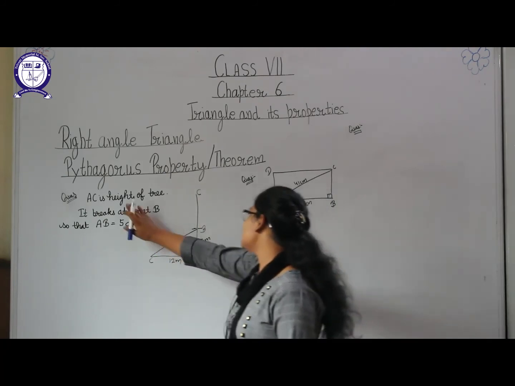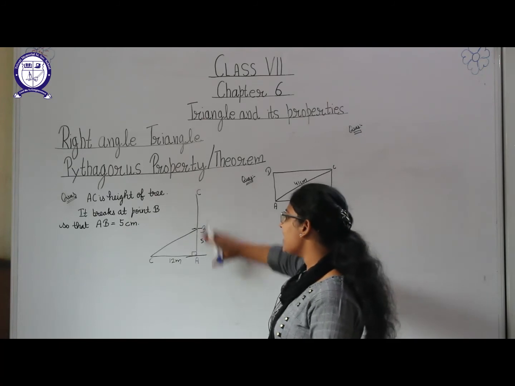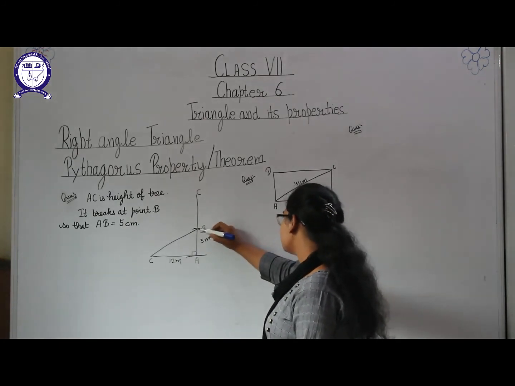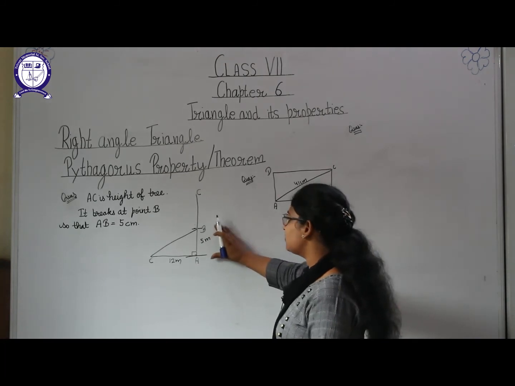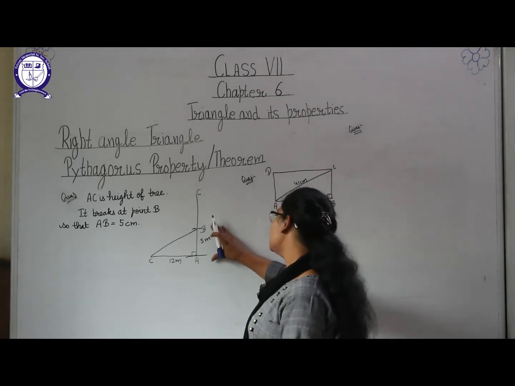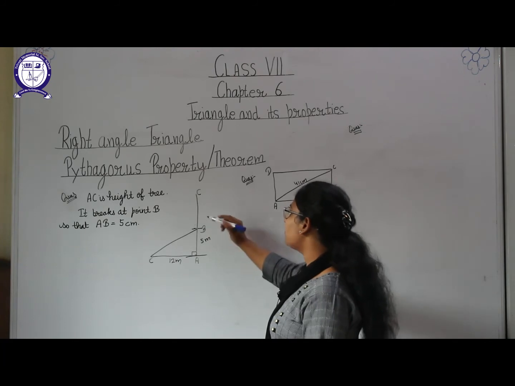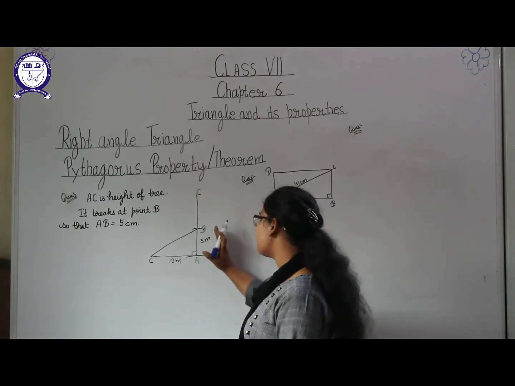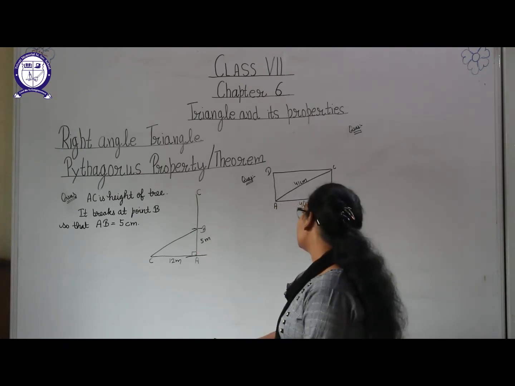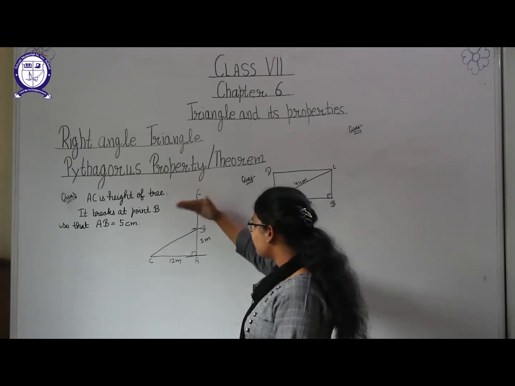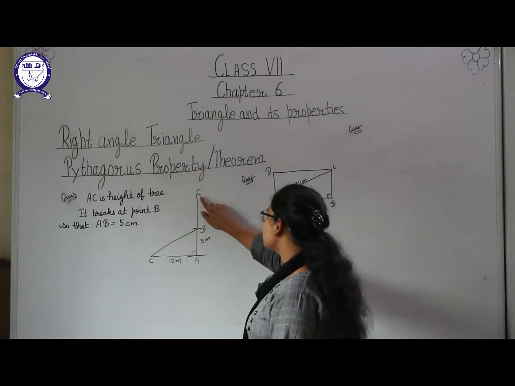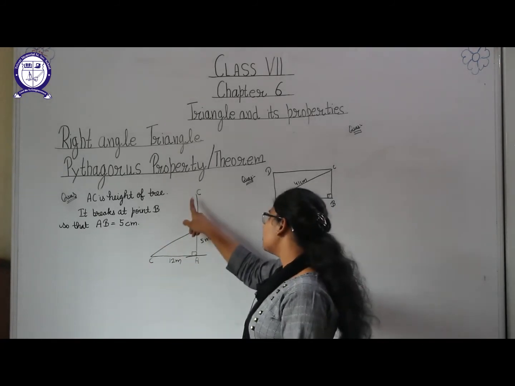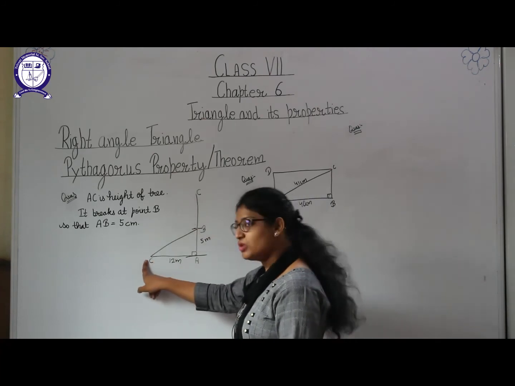So here AC is the height of the tree. The whole height of the tree is AC. It breaks at point B, so AB is 5 meters, because it is given in the question that the tree breaks at the point where the distance from the ground is 5 meters. Now students, when the tree falls, it will fall like this. This will become point C, because its top will touch the ground here.